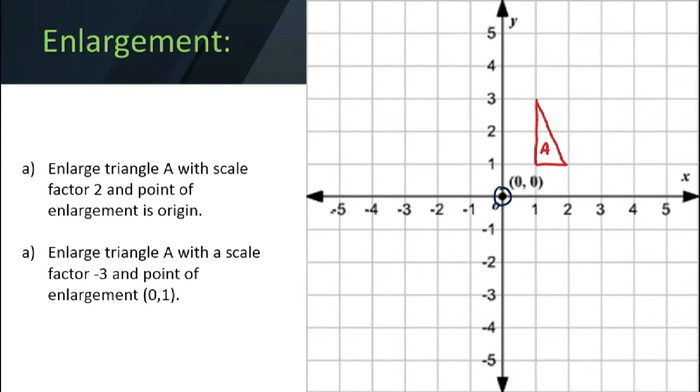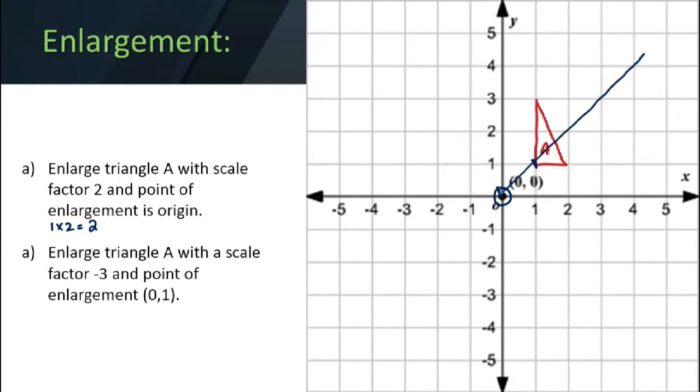Now after this, we will check the distance of object from the point of enlargement. As here we have one box, so 1 multiplied by the scale factor, which is 2. Remember, whenever we mark the image, we will always count the distance from the point of enlargement, whether the scale factor is positive or negative.